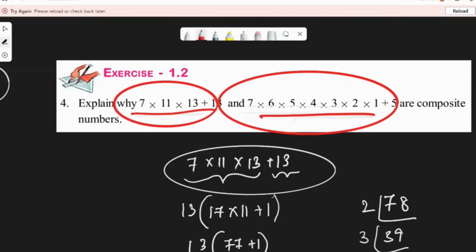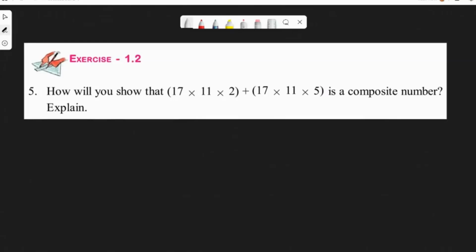The fifth question is similar to the fourth question, and we should show that 17 into 11 into 2 plus 17 into 11 into 5 is a composite number. So similar to the previous sum, let's write it down. 17 into 11 into 2 and 17 into 11 into 5.